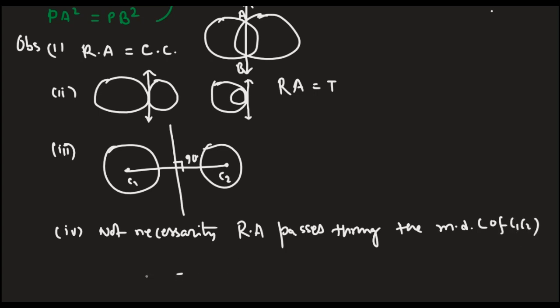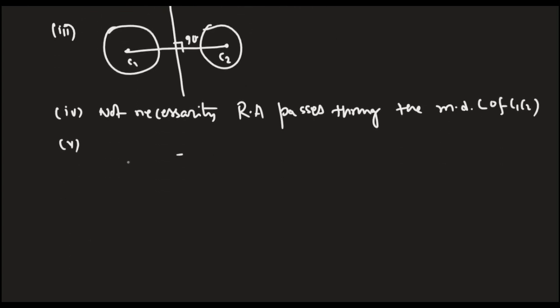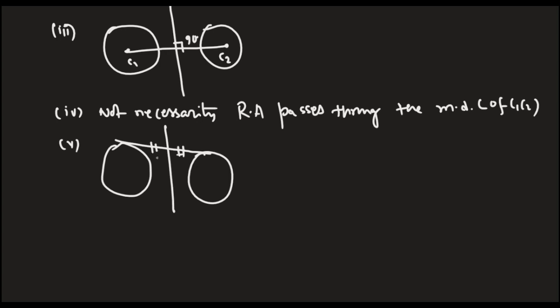Not necessarily. Now the fifth point: if you have two circles, and this is their direct common tangent, the radical axis always bisects the common tangents.